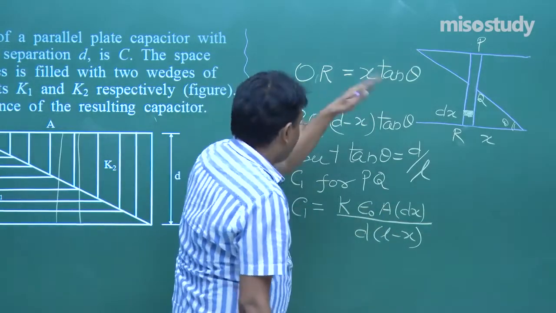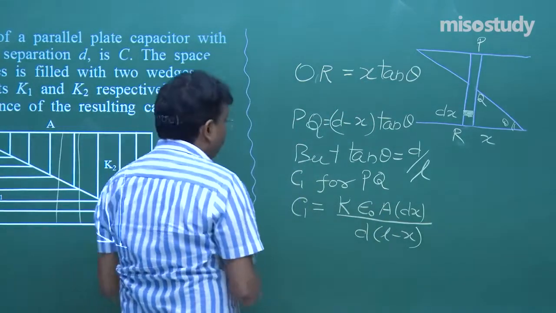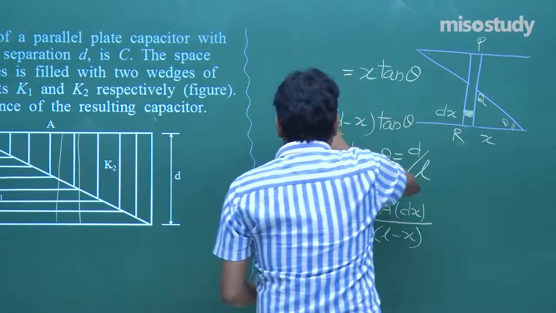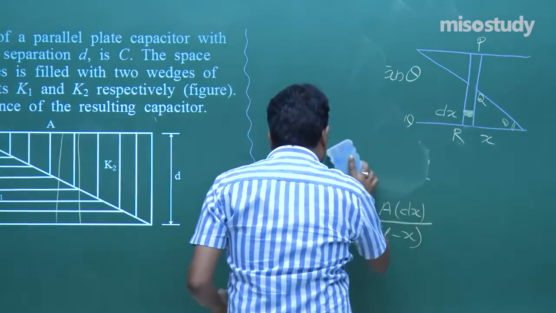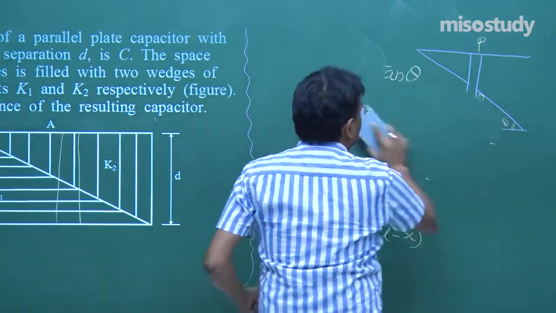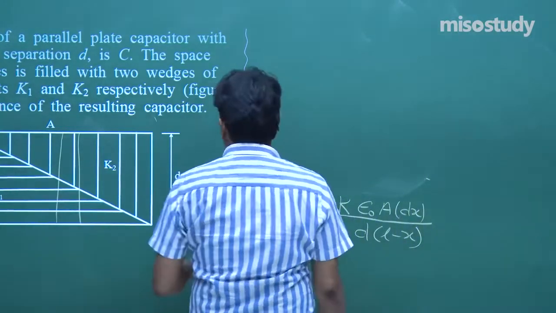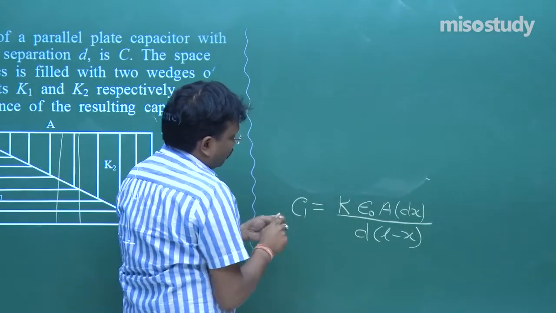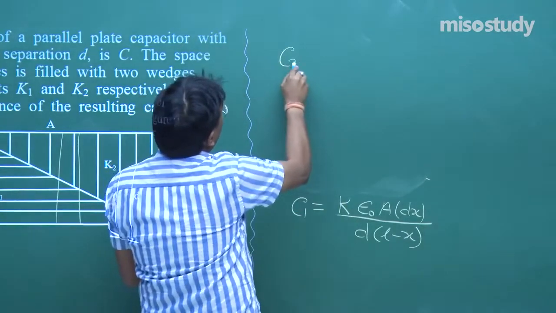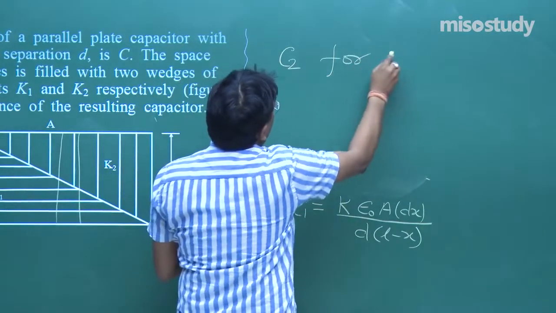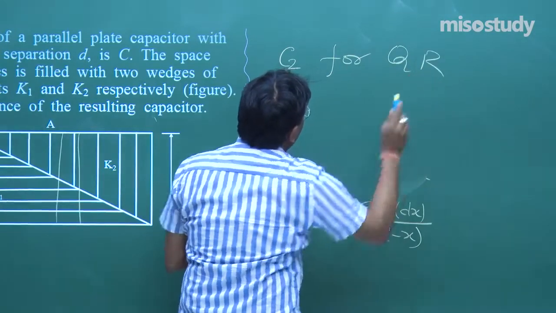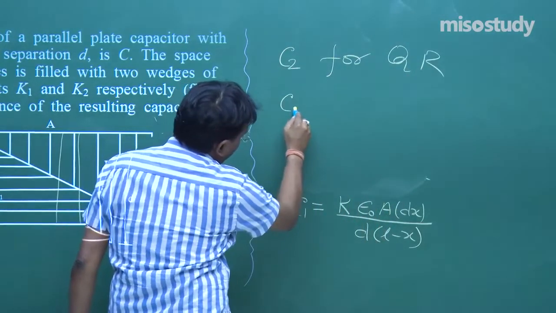Let me erase this portion so that I can write down C2 also. That is, C2 for QR. Directly I will write down the value for C2.